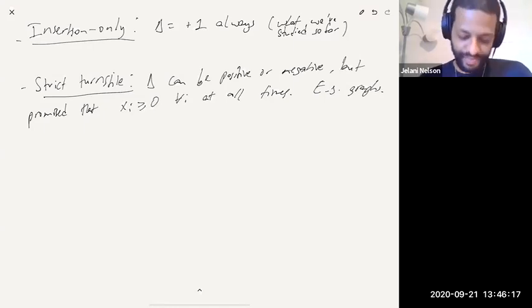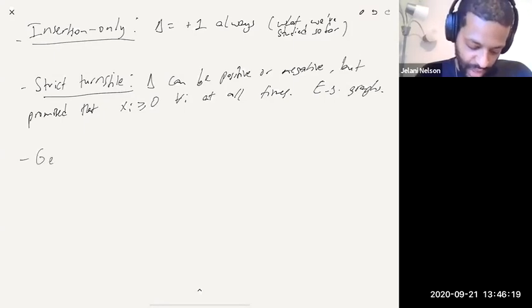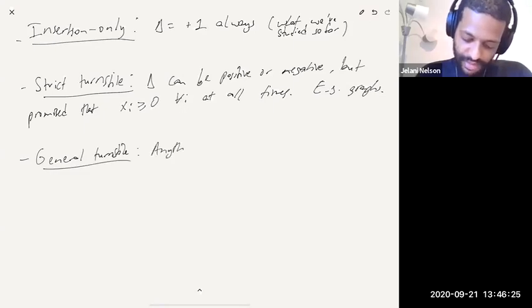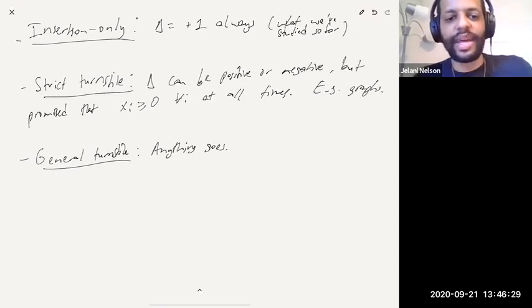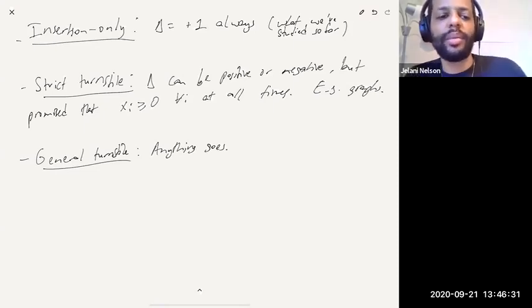And then there's the most general turnstile model, which basically says anything goes. So things can go negative. And why might you ever want to consider a problem in that model? Let's say you want to do something like change detection. So there was a stream yesterday over some universe.